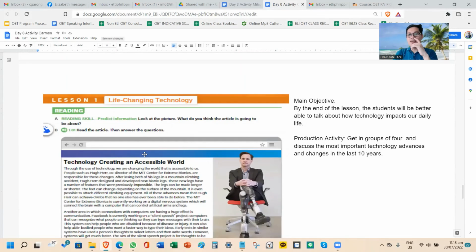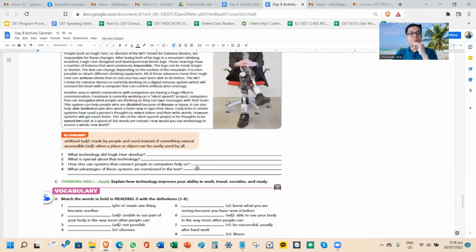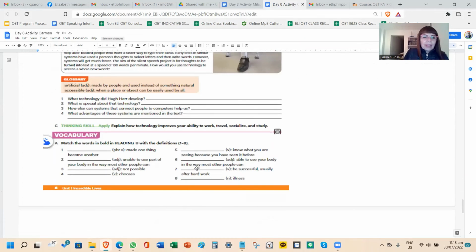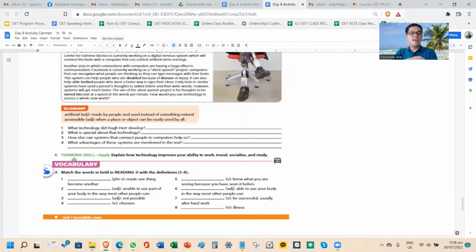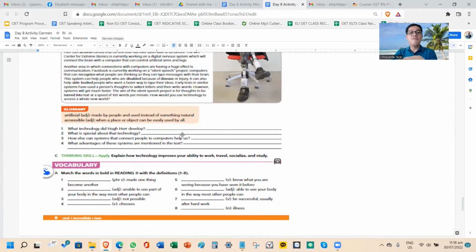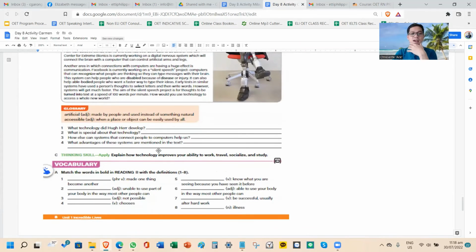The next one is, oh my God, look at the technology picture. Creating an accessible world. So this is another reading for adults. The thinking skill here, I haven't read the article actually, I'm just guessing, is to explain how technology improves your ability to work, travel, socialize, and study.